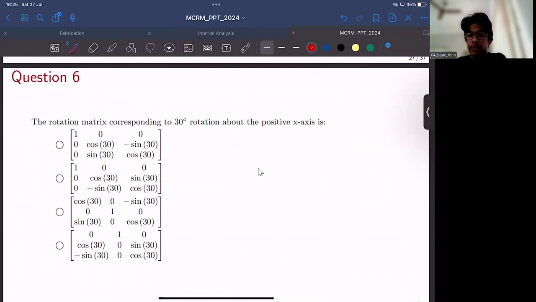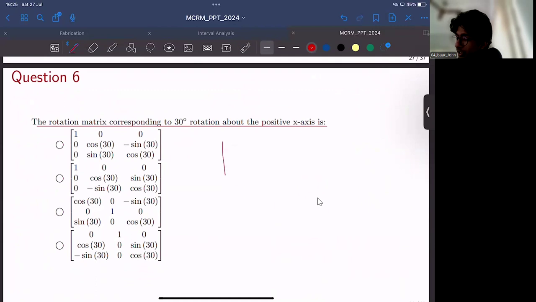Question 6 says the rotation matrix corresponding to 30-degree rotation about positive x-axis is, which is the rotation matrix of 30 degrees.